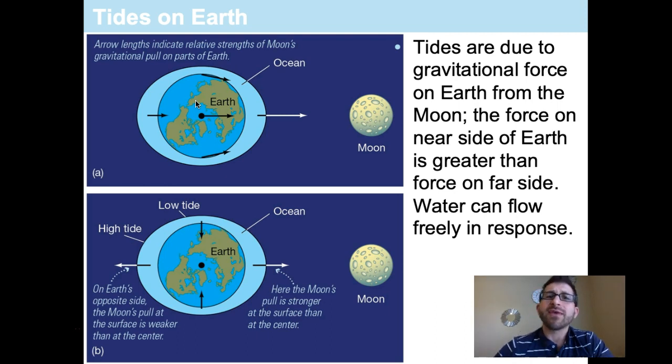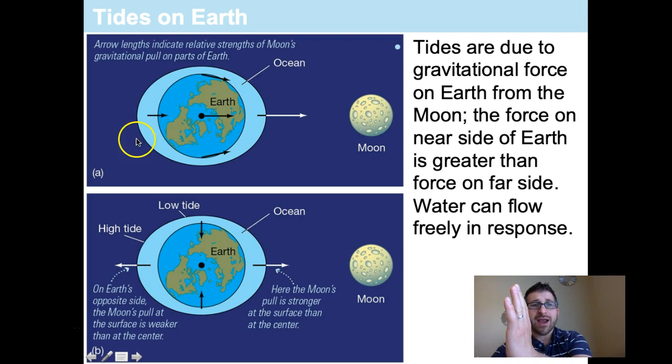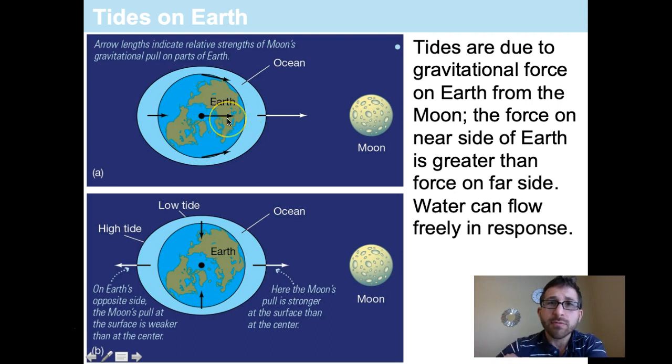The result is that the Earth shifts from its original position enough that we produce a secondary tide, a high tide on this side, where the net force is smaller than on the Earth. So we have a larger net force, a medium net force, and a lowest net force, producing two tides.